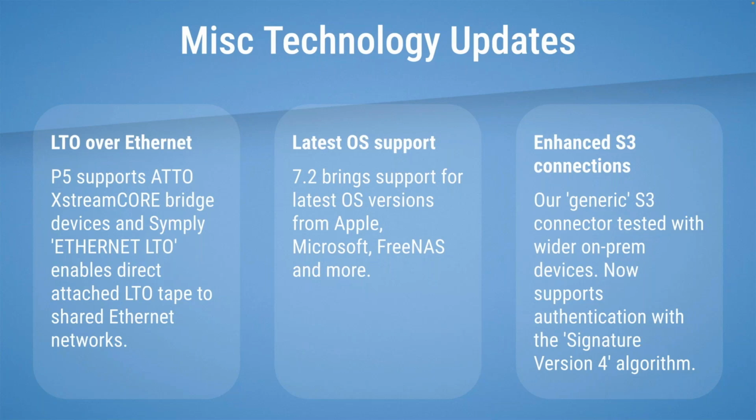In the middle, of course, in 7.2, we're bringing all of the latest operating system support. For instance, the latest version of Mac OS, Windows, FreeNAS, and so on. We're a little bit slow getting onto the Synology store. Specifically, you can no longer sideload P5 or do a manual installation onto the latest QNAP operating system.